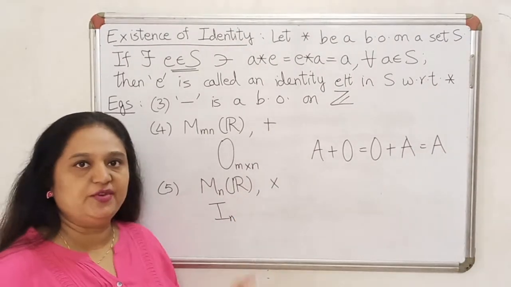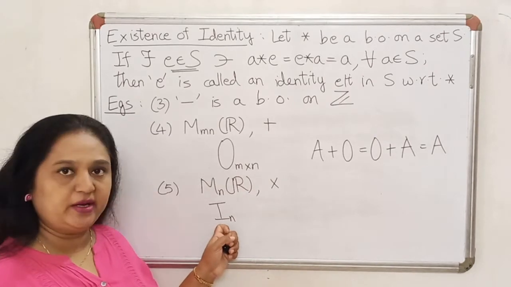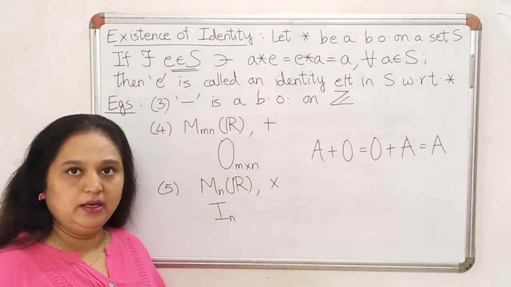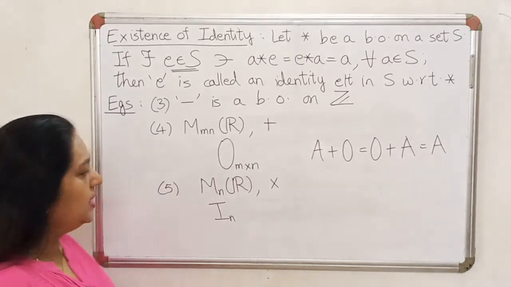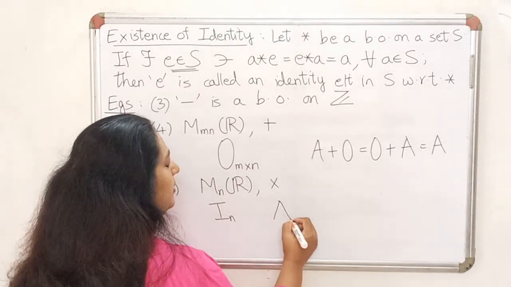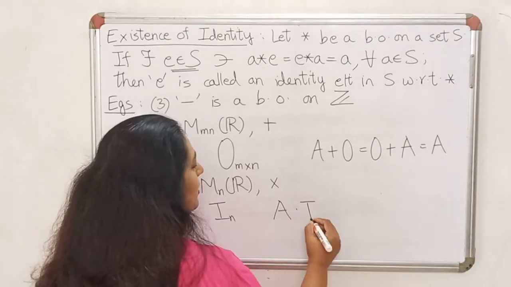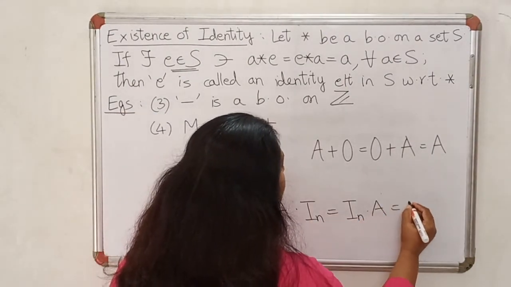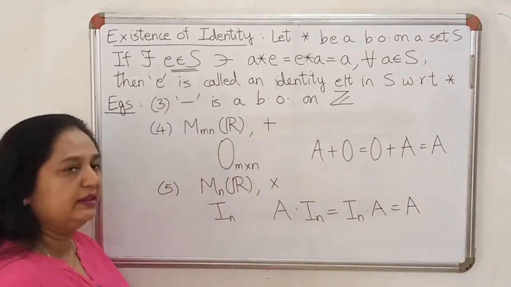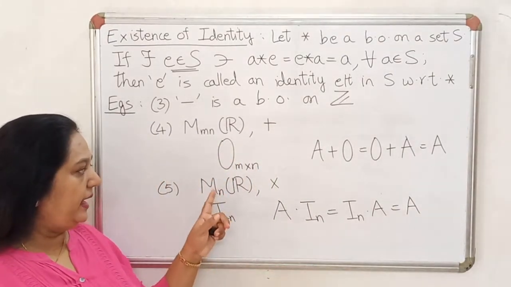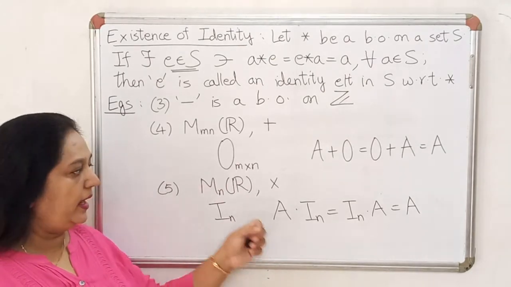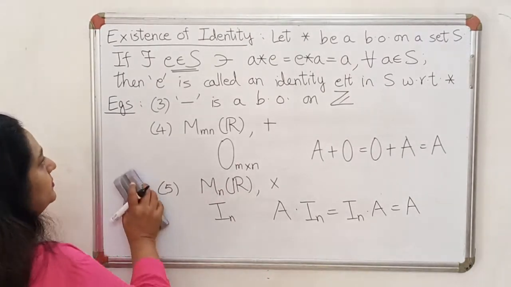This is a square matrix of order n. It has 1 along the diagonal and 0 everywhere else. We know that any matrix in this set multiplied by the identity matrix is going to give me back the same matrix, and therefore the identity in this set is nothing but our familiar unit matrix or identity matrix.